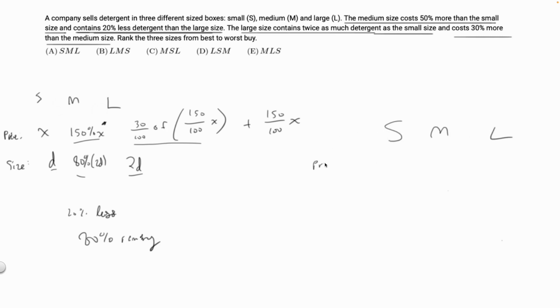Now if we simplify this table over here, then we get price and amount. I'll change this to amount since it's more accurate. Amount, and that's X, that's D. 150% of X is going to be 1.5X. 80% times 2D is going to be 1.6D.